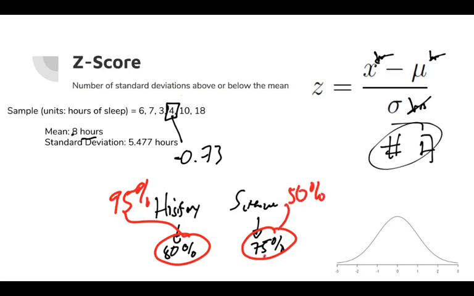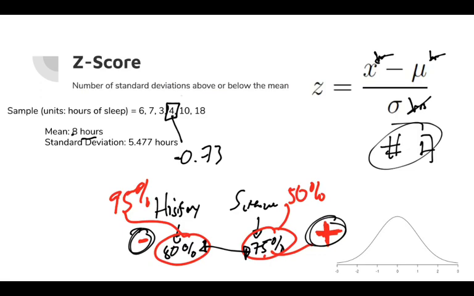That would make this 75% above average. Meaning that this would have a larger positive z-score, but this would have a negative z-score. So directly comparing the 80 to the 75%, you can't do that. But you can compare the z-scores, and then you can tell something.